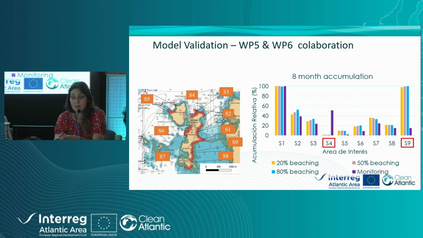Higher beaching, higher retention. So generally speaking, in almost all the beaches, the behavior can be reproduced very well. If we compare the segments, we see that this behavior can also be reproduced by the model.